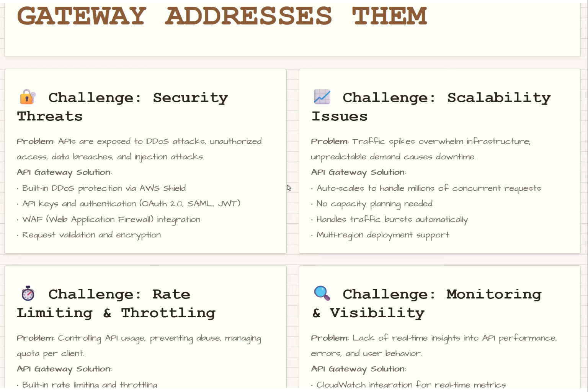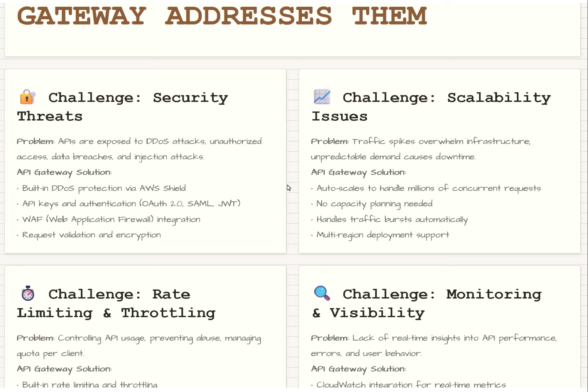And then the other one is, if you're designing something yourself, you're going to face scalability issues when you have traffic spikes. This is where the cloud solution is the best way. You don't need capacity planning beforehand, because it will auto scale according to the capacity you want.